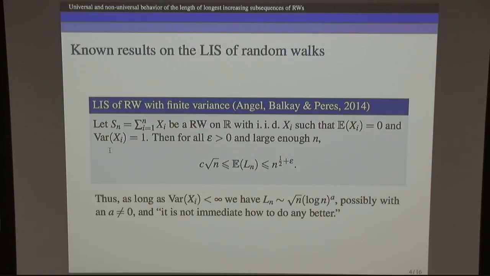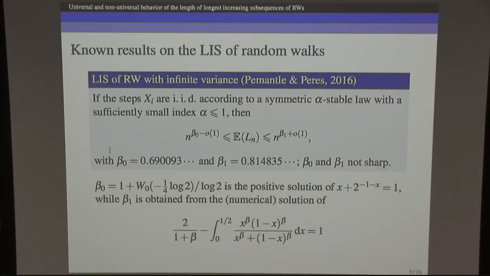And the other result that followed two years later, also by Pérez and Pimentel, also very competent mathematicians, proved that if the random walk is composed of step increments of infinite variance, then the exponents change a little bit. They become larger.